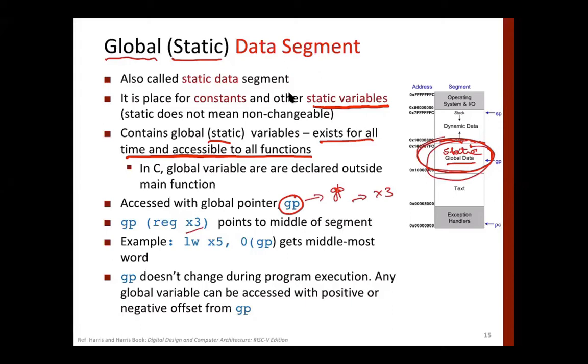So it points to the middle of the segment, and then we can access any element that we are storing by offset. Say for example, you can say load word to register X5, from the location pointed to by register GP with 0 offset. It means that we are getting the middlemost element or middlemost word. Okay, all right. So GP. Now why have they done it? They have done it for efficiency reasons.